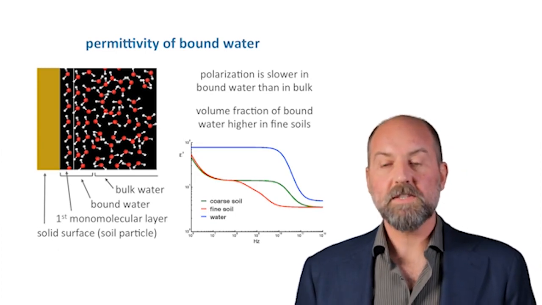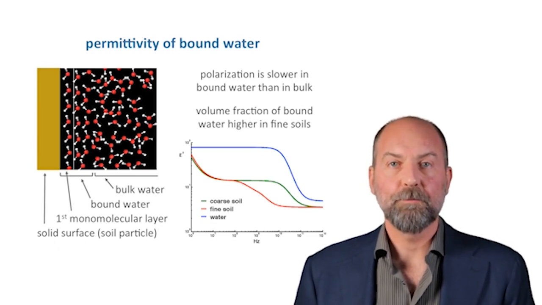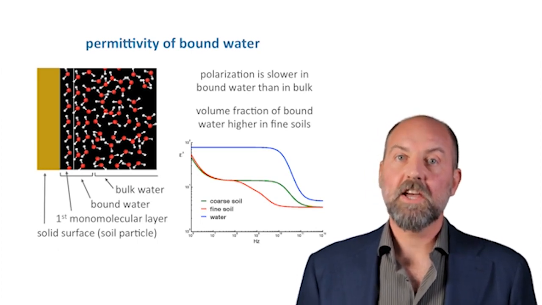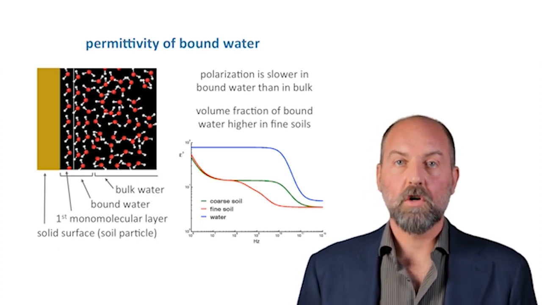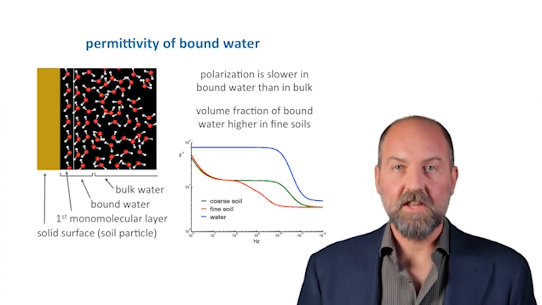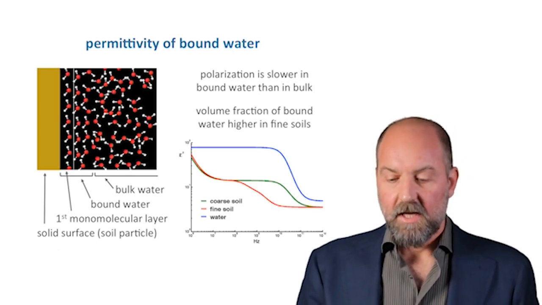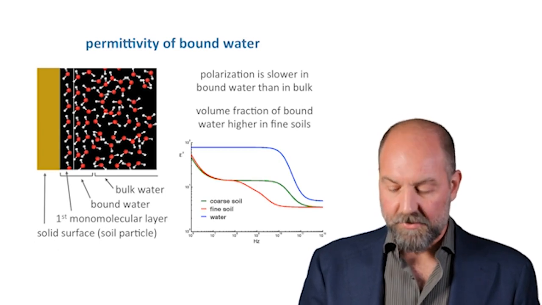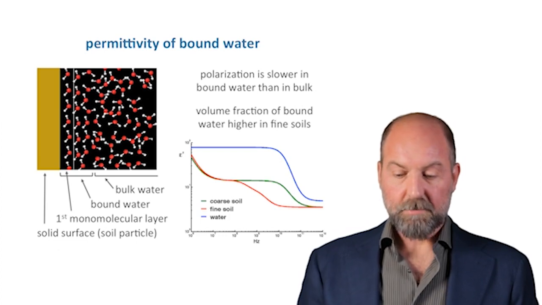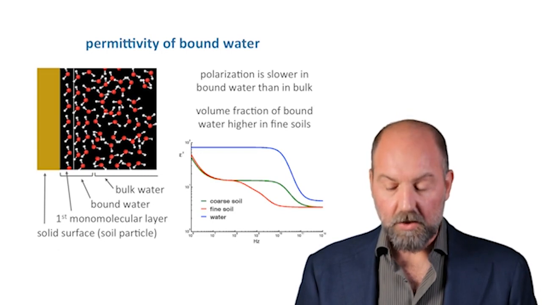And so if we consider that fact, and also the fact that in a fine soil the amount of surface is larger than in a coarse soil, or if you like, the specific surface area is much larger in a fine than in a coarse soil, then you can expect a dielectric permittivity spectrum such as the one depicted here, where I compare the spectrum for a fine and a coarse soil with the spectrum observed in bulk water.